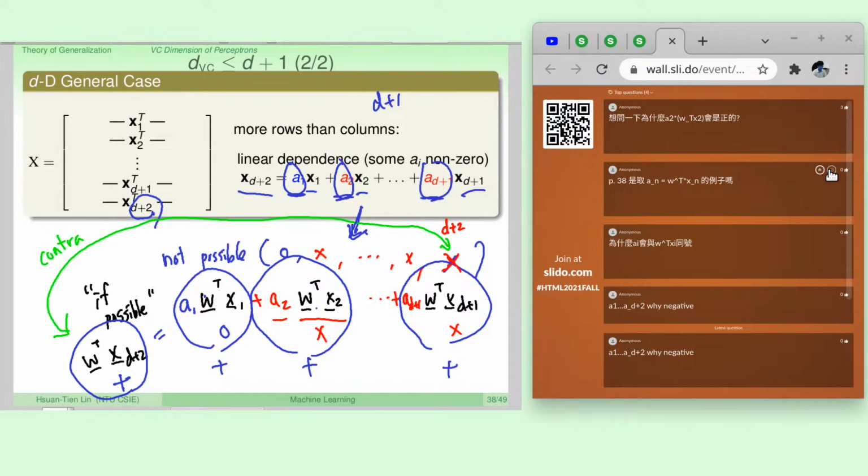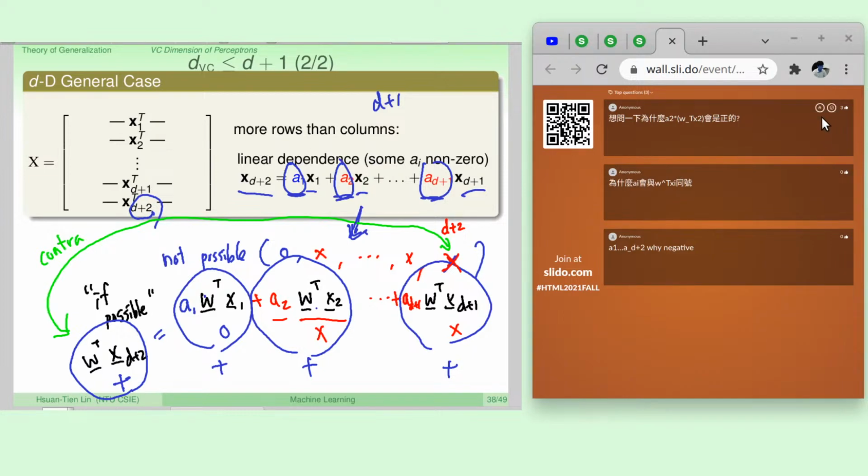We explain why we only need one dichotomy, one particular dichotomy, such that the predictions exactly follow the sign of the combination coefficients. And we explain why this has to be positive, because it's a negative value multiplied by a negative value. And why is this a_i the same sign as W transpose x_i?